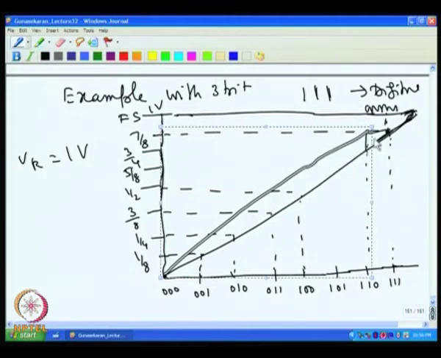So, you will have the gain error coming into this. Now, this is a gain error.